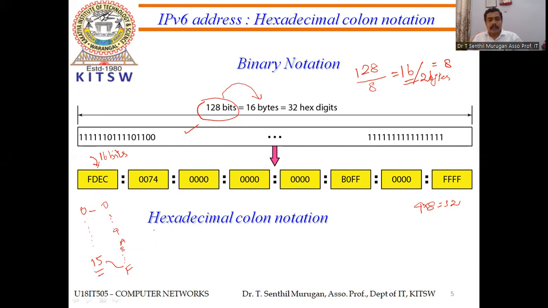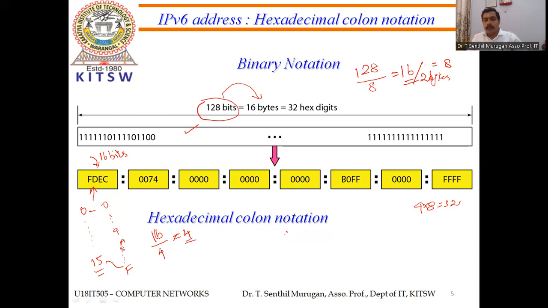Here 16 bits are there for each block. Each hexadecimal digit takes 4 bits, so in total 4 digits are used to represent each block. Clear? Each digit has a 4-bit representation, so 4 hexadecimal digits represent each block.